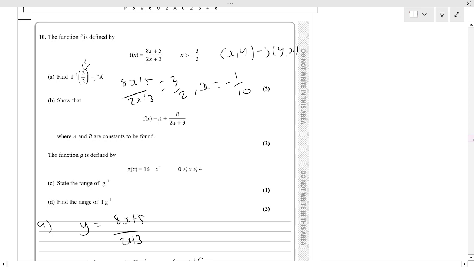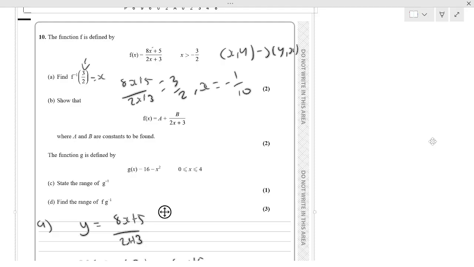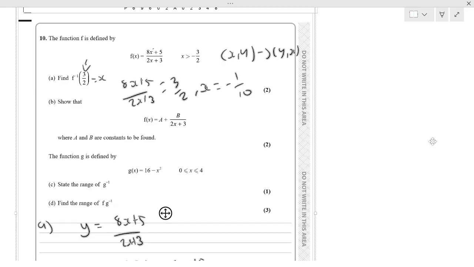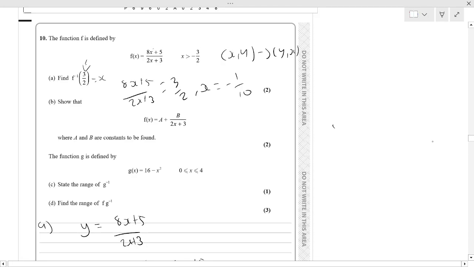When that happens, you need to do algebraic long division, to then get a constant over the denominator. So that's the quotient, and that's the remainder. So that's what we're going to do.